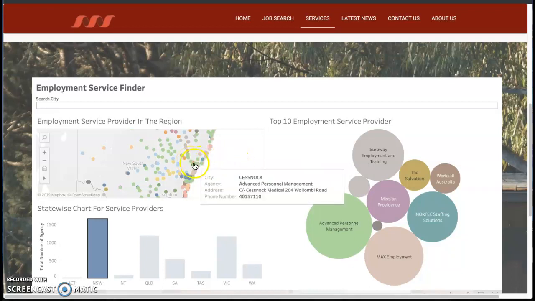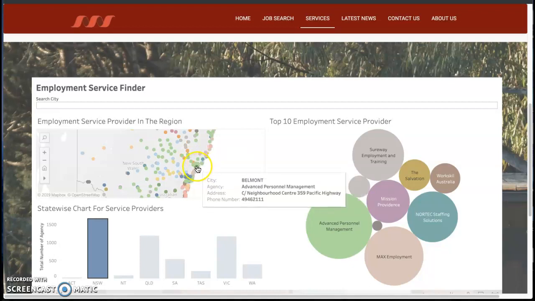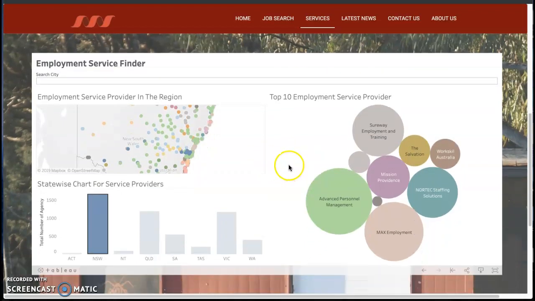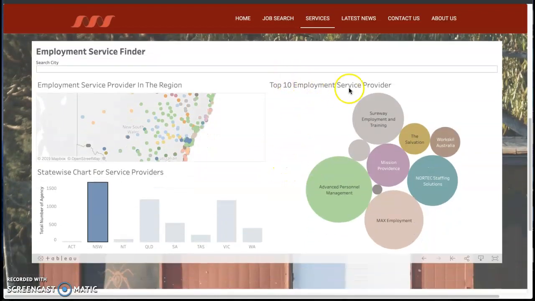And okay, when I move into it, some basic information about this service center will show. And different types of employment service center.